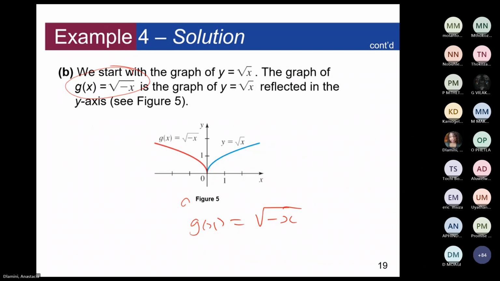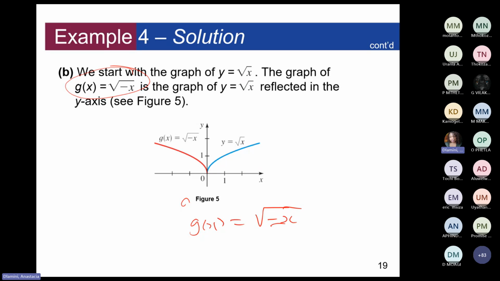Because we can't have a negative under the square root, so we need to have a negative x. Okay, but there's a negative x in here. The negatives cancel each other out. That's why we need it to be negative. Thank you. I knew what you meant. So the negatives have to cancel each other out.